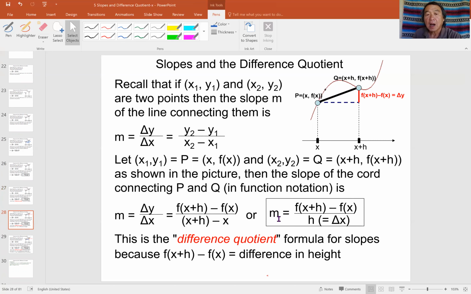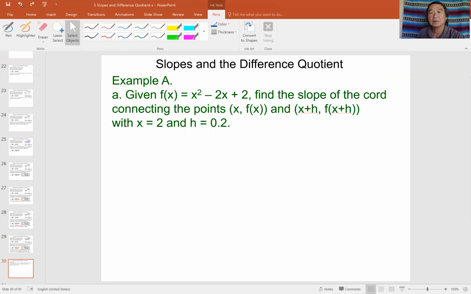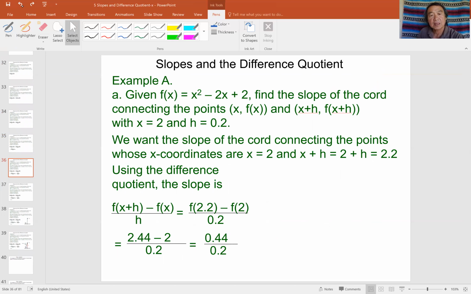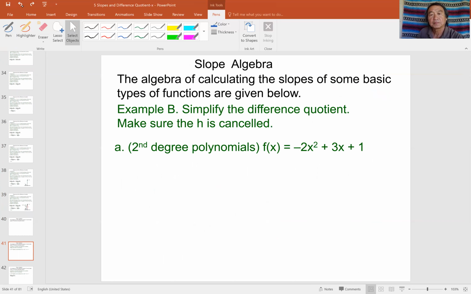The ultimate final step for all these 3 types of algebra is to manipulate the expression so that at the end, this h is somehow canceled out by hook or by crook. And here are the 3 versions. This is just a numerical example to demonstrate what the h is doing there, but these are the main things.